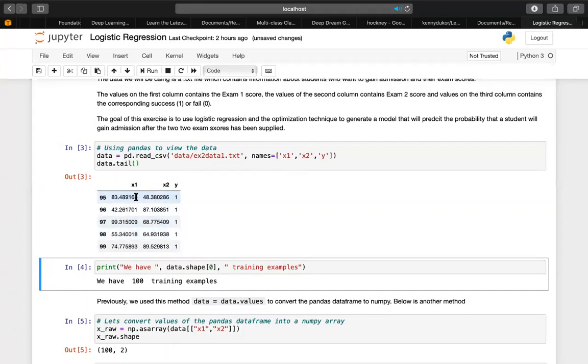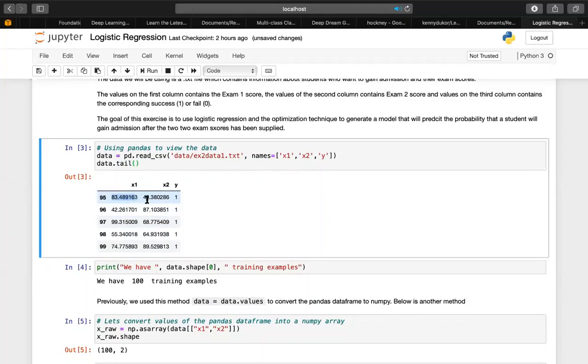All these people are passing. This person passed very well in the first exam, didn't pass so well in the second exam, and still gained admission. So it means that the level of failure you have in one of the exams, as much as you pass the other, kind of determines whether you gain admission or not.